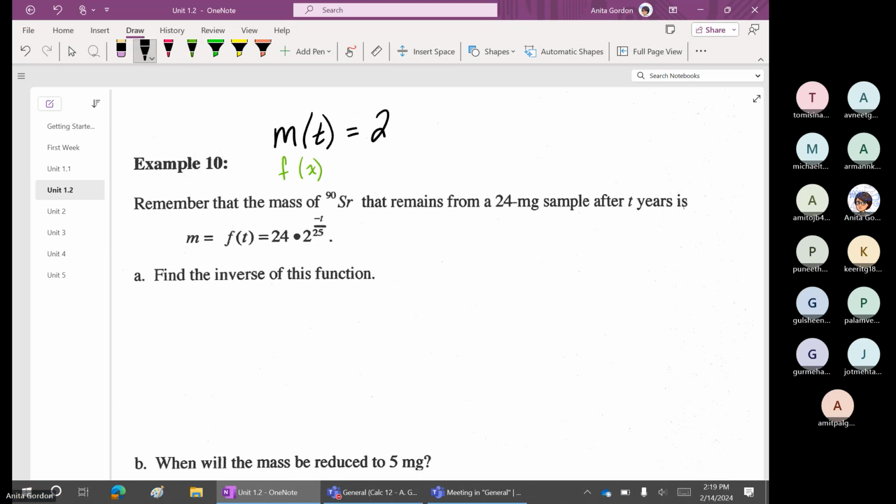Our original mass is 24 milligrams. We are looking at the half-life, and we can measure our time divided by the half-life. Strontium 90 is 25. This is from the last one.